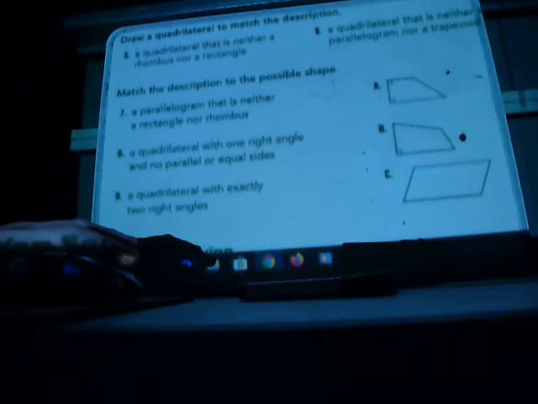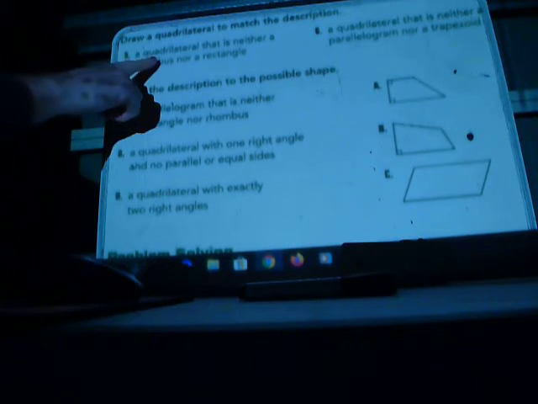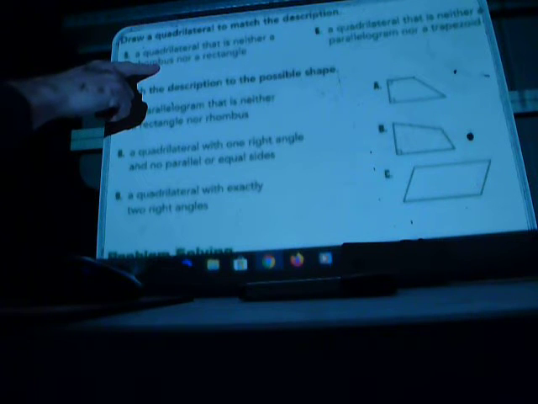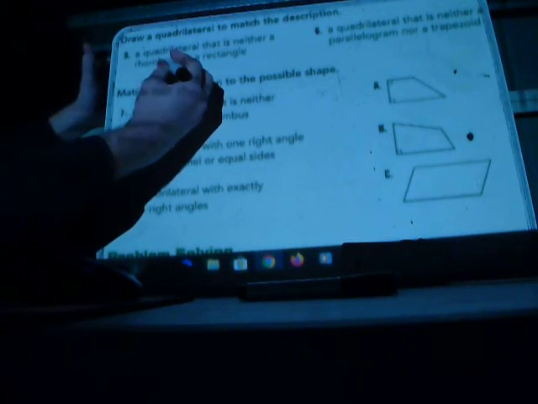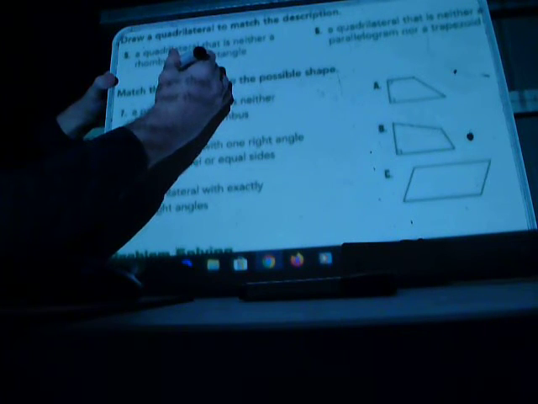Draw a quadrilateral to match each description. A quadrilateral that is neither a rhombus nor a rectangle. So it's not going to be that crooked square, and it's not going to have four right angles. Once again, your trapezoid can fit that description.